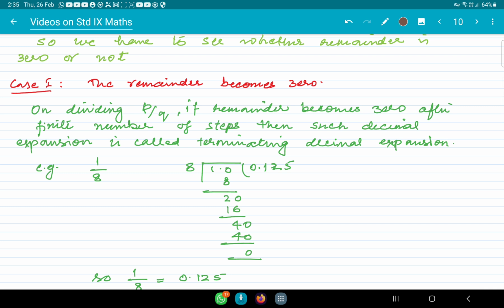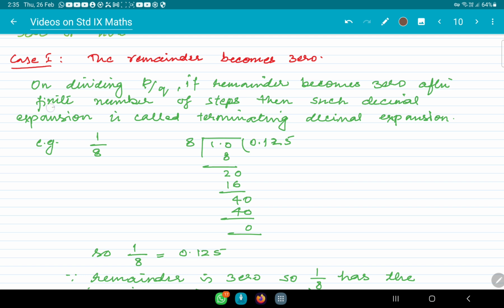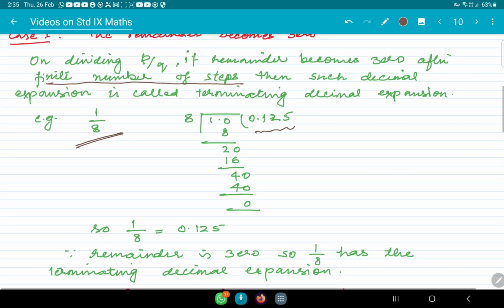On dividing p by q, if the remainder becomes 0 after a finite number of steps, then such a decimal expansion is known as terminating decimal expansion. Here we are taking the example of 1 divided by 8. This is very easy to divide.